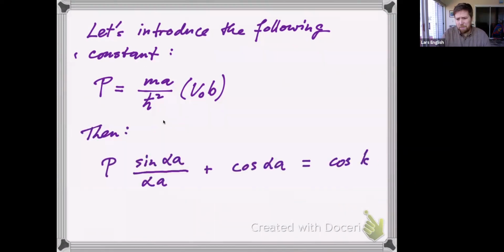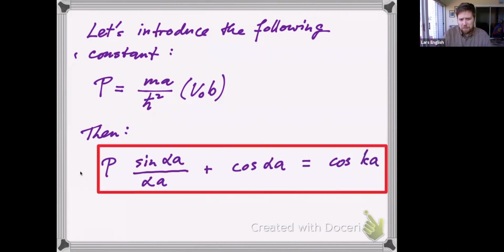And in that case, when we define it this way and using this limit, we can show that the previous equation reduces down to something that looks a lot more manageable now. P times the sine of alpha A over alpha A plus the cosine of alpha A is equal to cosine of K times A. So you notice that a bunch of stuff has vanished here. The hyperbolic sines and cosines are gone, and it overall looks simpler.